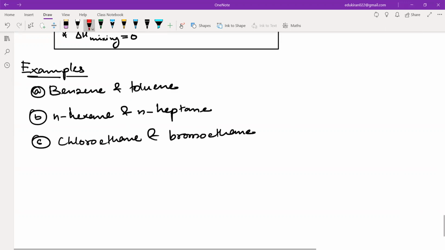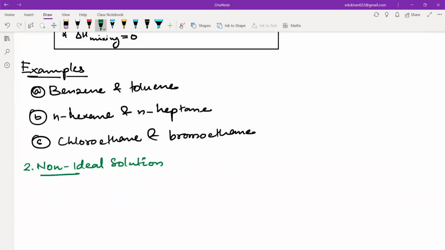The next topic is non-ideal solution. Second is non-ideal solution.